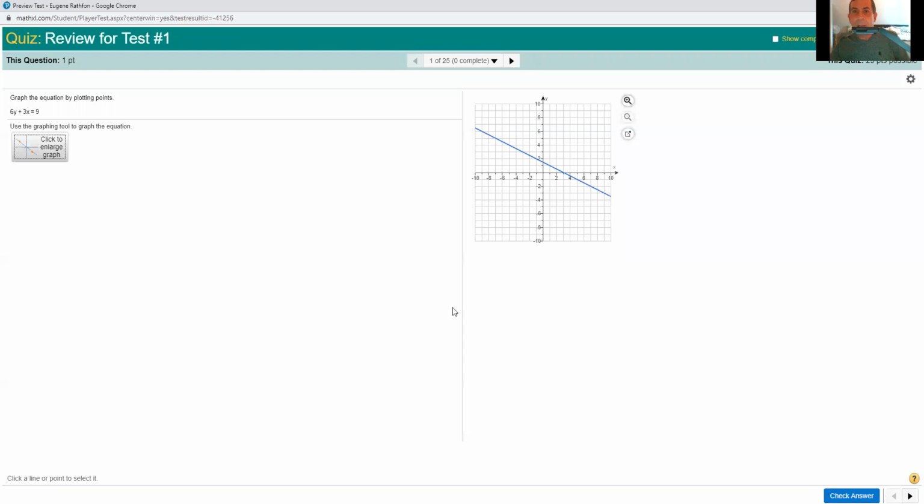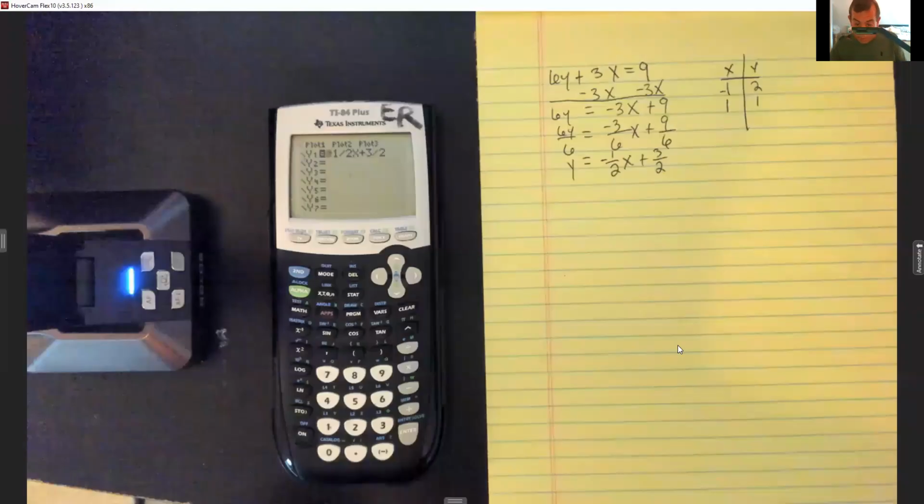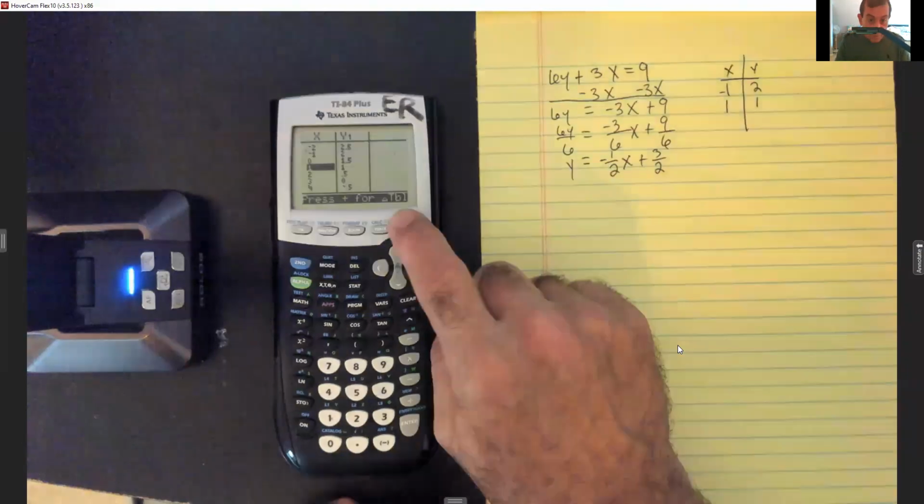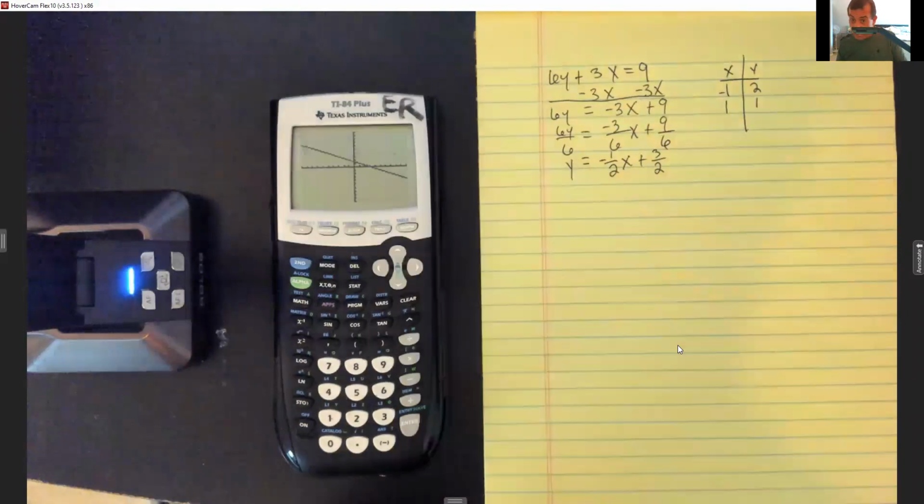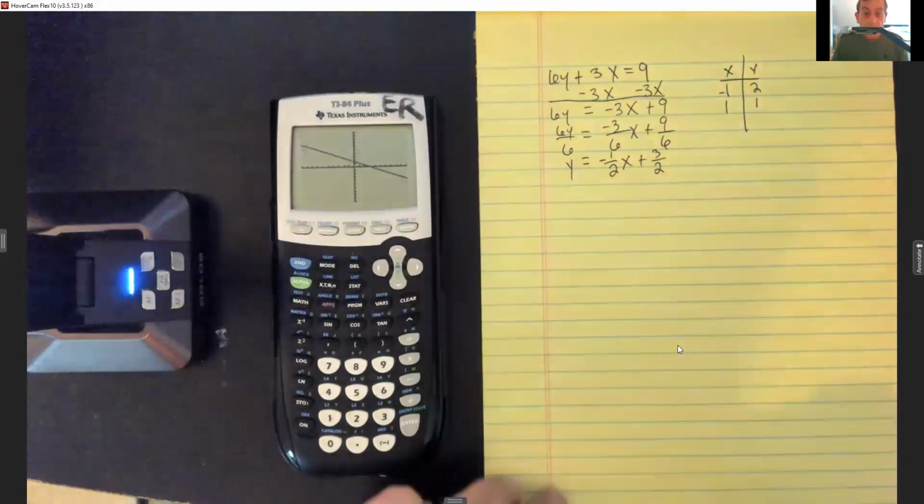All right, so let me go back to my calculator now. All right, so here I had the y equals and I put in my graph. So I went to the table to get my 2 points that I needed. And then I hit graph to verify that it looked just like the line we had on the screen, which it does, so we're happy.